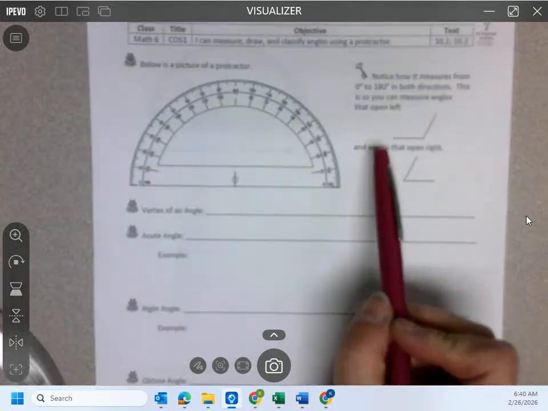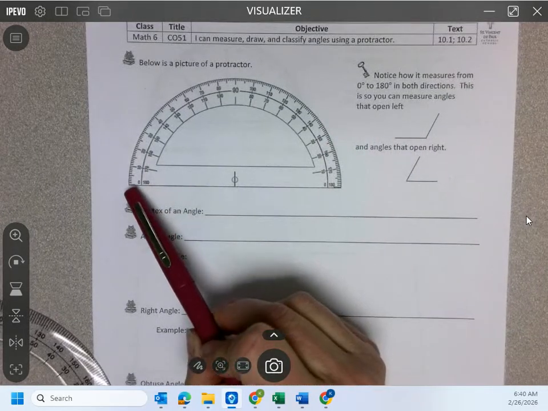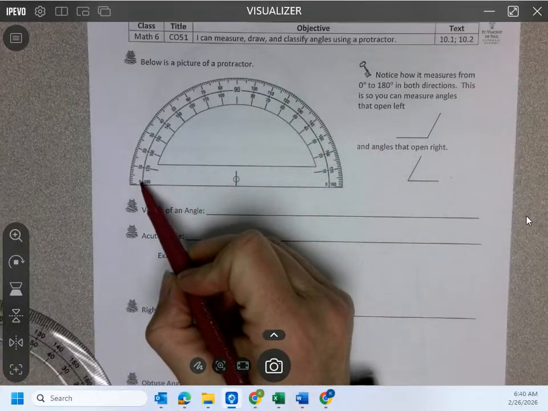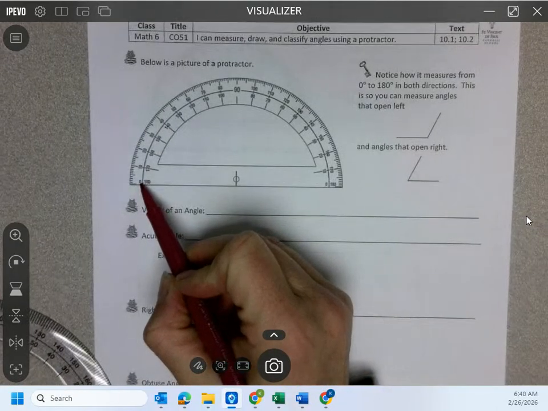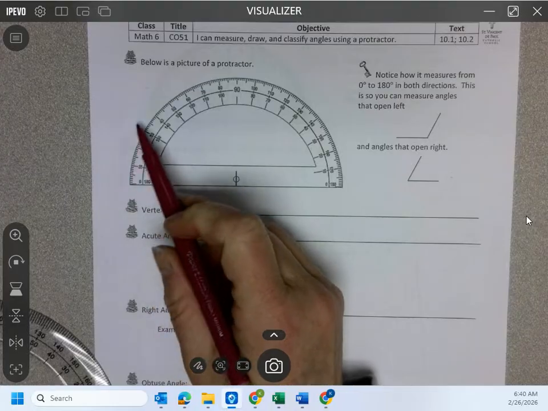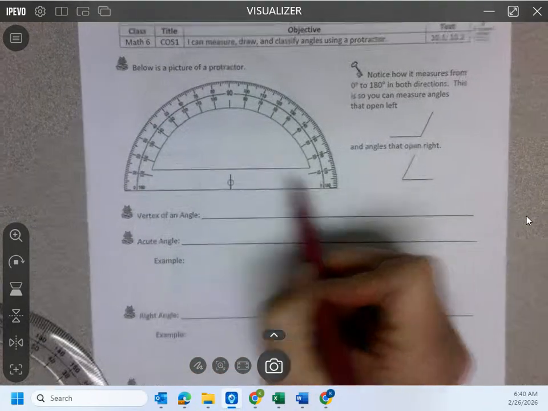So you can notice that it measures from 0, and even though it's not written always on the protractor, it might not have the 0 listed, but we know at the very bottom it's 0. It goes from 0 all the way to 180 on the right, going to the right.